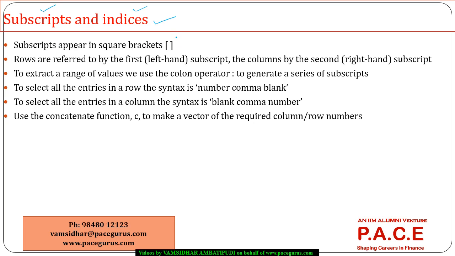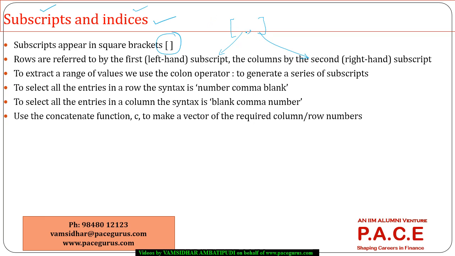Wherever we are talking about subscripts, we use the square brackets, not the regular brackets. Within the square brackets, I will have to say rows comma columns. The first one on the left-hand side points to the rows, and the right-hand side points to the columns.